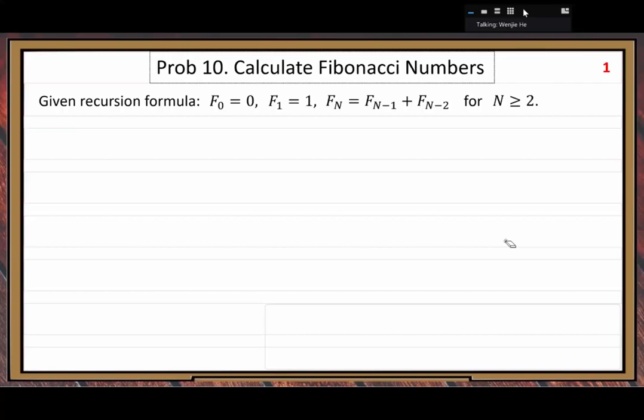Question: find the Fibonacci number f sub n. Given any integer n, now you need to calculate it. It's so easy, right? You can write a program, a recursive function, to find the answer quickly. But the question is, how good is this algorithm?